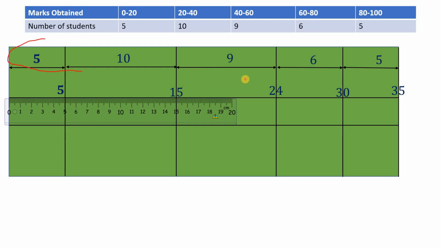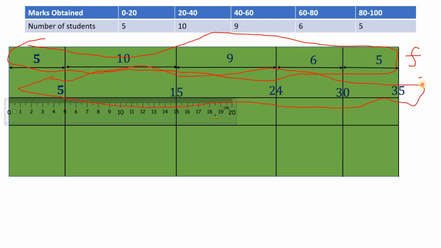These values are the frequency, denoted by f, and these values are the cumulative frequency, denoted by CF in mathematics terms.